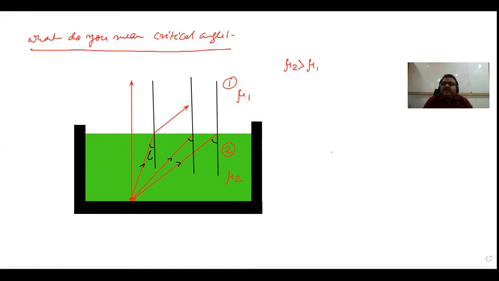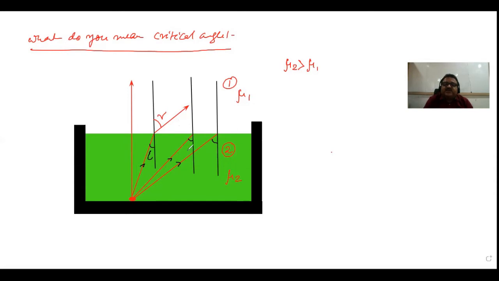If I mark this angle by red mark, it is R, and watch it, R is more than I. So it is quite clear, if I go on increasing the value of I, the value of angle R also increases. And slowly, as angle R increases, this ray will move more towards the separation of the two media. Is it clear?